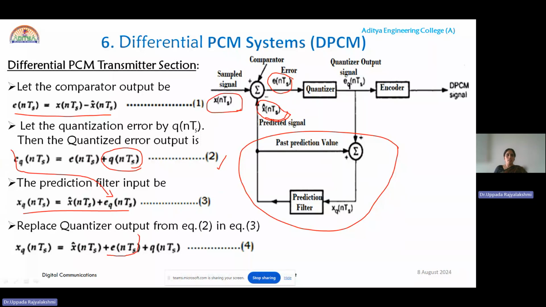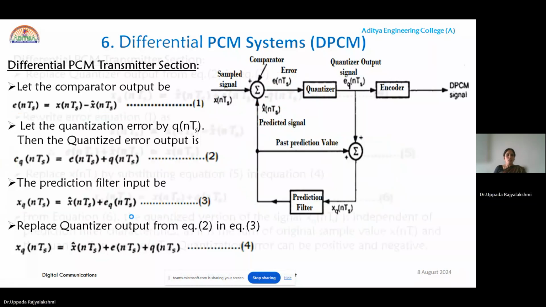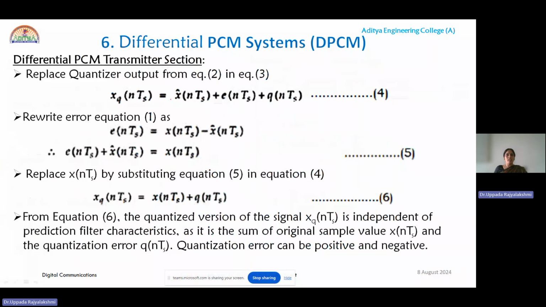So you can replace this whole thing with x of nTs. Then the quantized signal xq of nTs, or the input to the prediction filter, can be written as the sum of x of nTs, that is the original sample, and q of nTs, that is the quantization error.